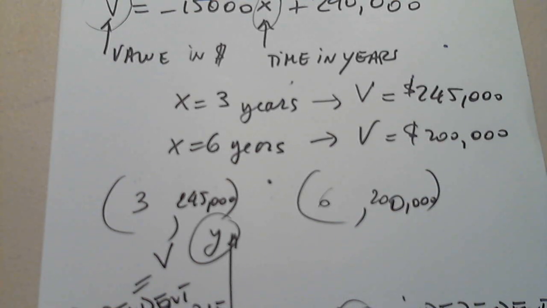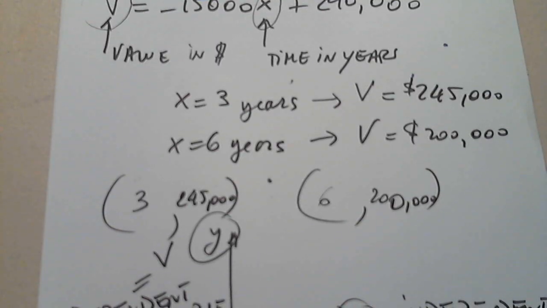I need to find x when the value is 185,000. Can anyone tell us what to do in order to determine x when the value is 185,000? What do we need to write?